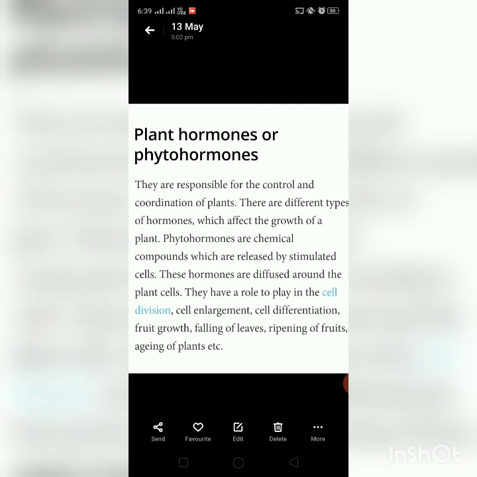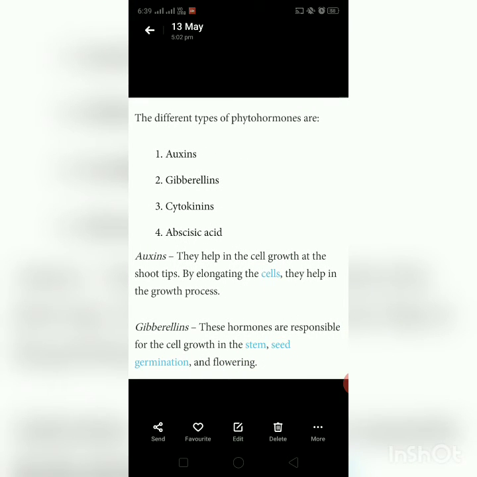Now let's learn about the plant hormones. The different types of phytohormones are auxin, gibberellins, cytokinin, and abscisic acid. These four are the phytohormones present in a plant. Number one is auxins. They help in cell growth at the shoot tips by elongating the cells.